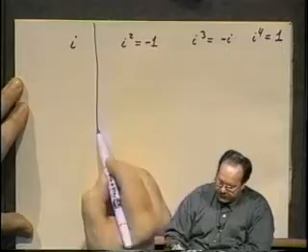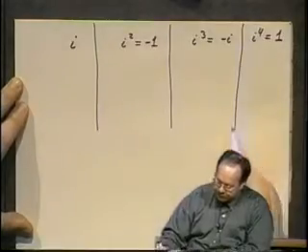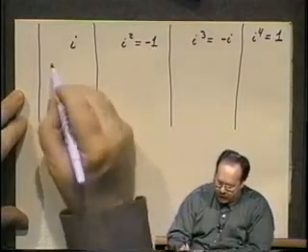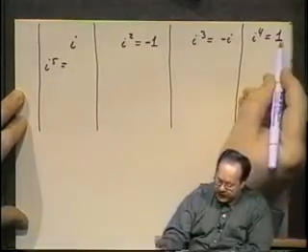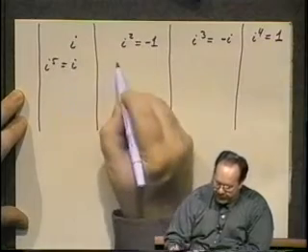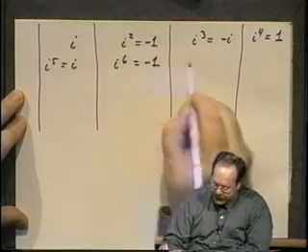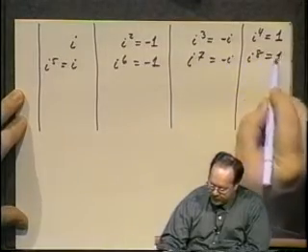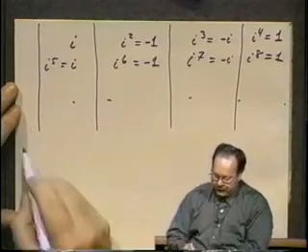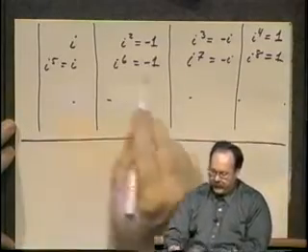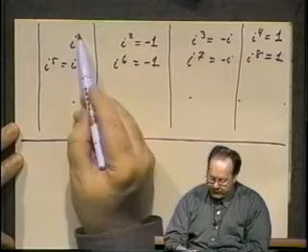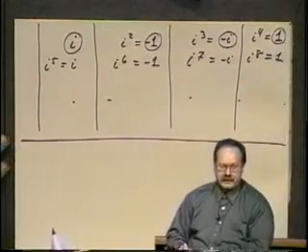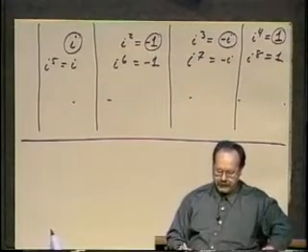And all of a sudden, you have set up all the different possibilities that can exist for powers of i. If you go to i to the 5th, that's just i times i to the 4th, so we're back to i. Likewise, i to the 6th is -1, i to the 7th is -i, i to the 8th is 1, and so on. So this cycles between 4 possible values. It can be i, it can be -1, it can be -i, or it can be 1, but nothing else. So I wanted to remind you of that.